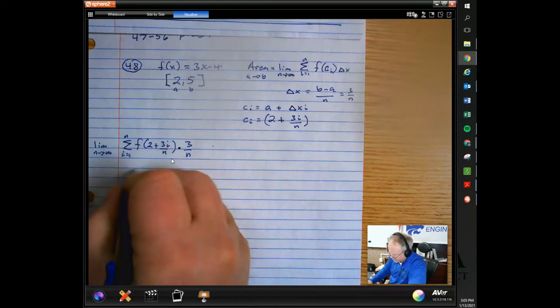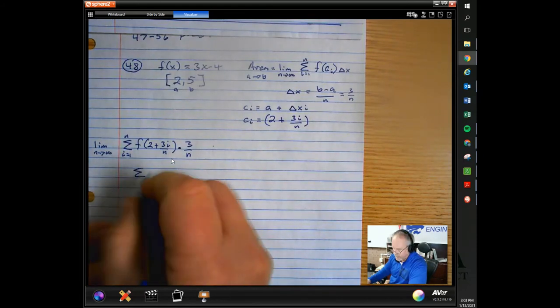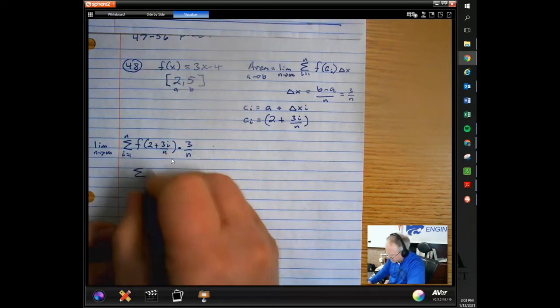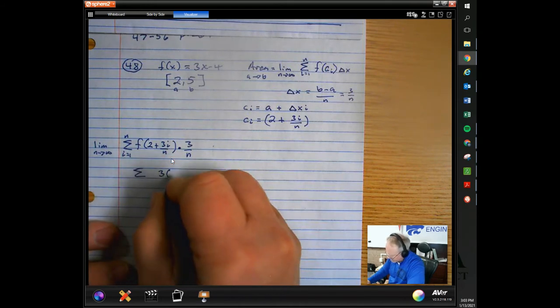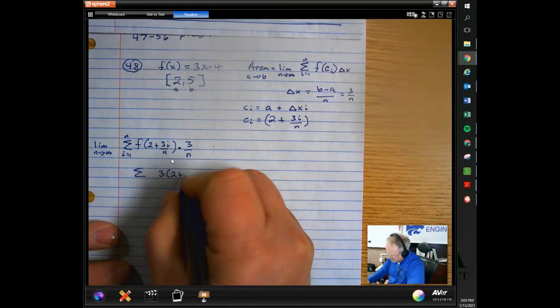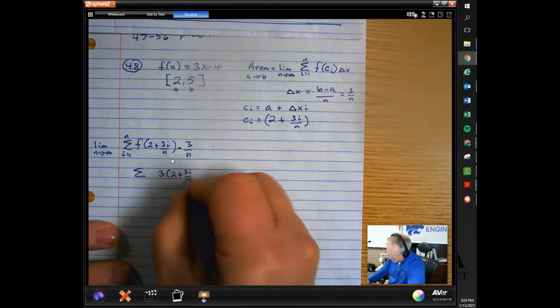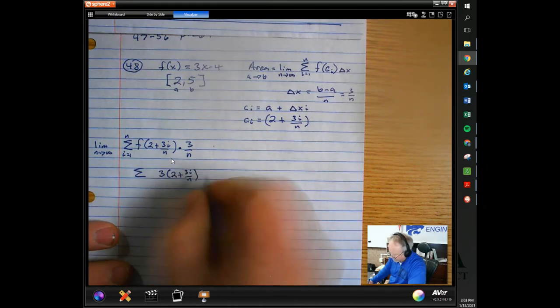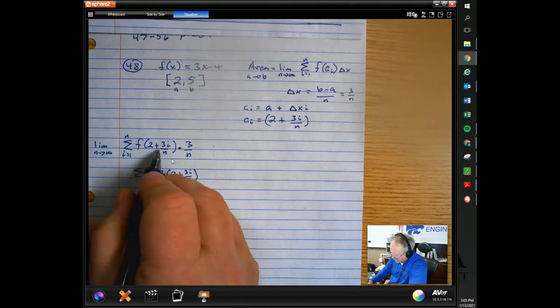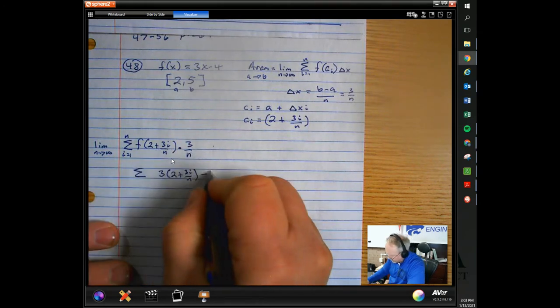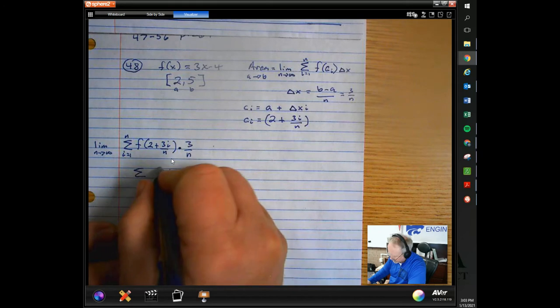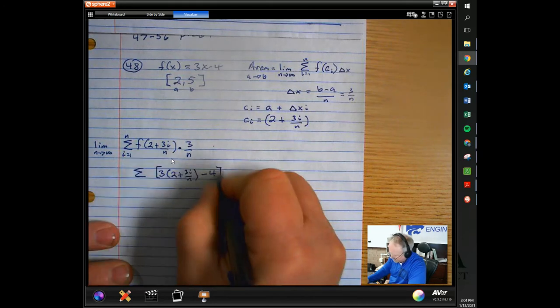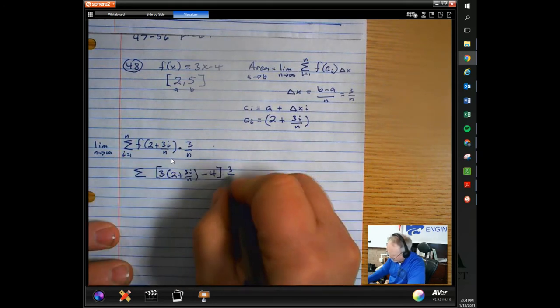And so I have my summation, and I'm not going to rewrite the counting part, but I'm going to go, okay, it's 3 times 2 plus 3i over n, right? That's going to be kind of like my x. I'm evaluating it at, and then I minus the 4, but I'm going to multiply that again. So I'm going to put square brackets around it, and then 3 over n.